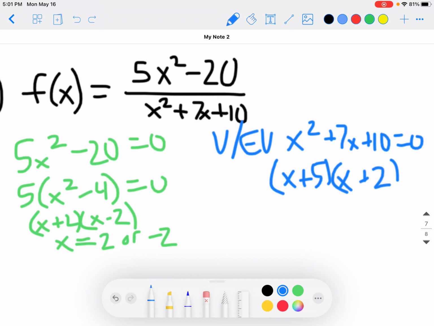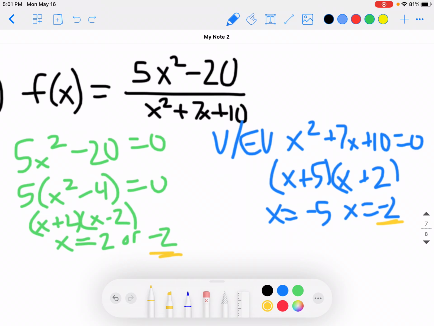And so we're going to have x equals -5, x equals -2. The fact that -2 shows up in both is something interesting. That's going to be called a removable discontinuity, but that's a concept for another time.